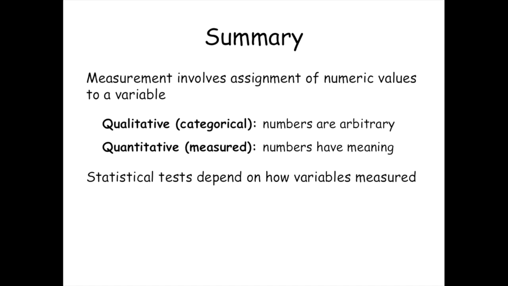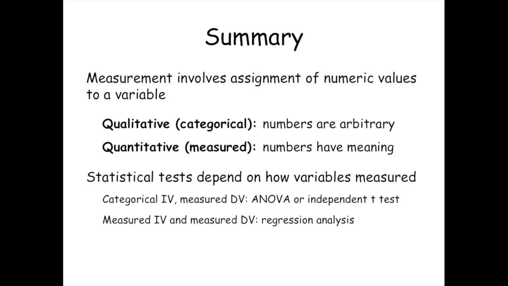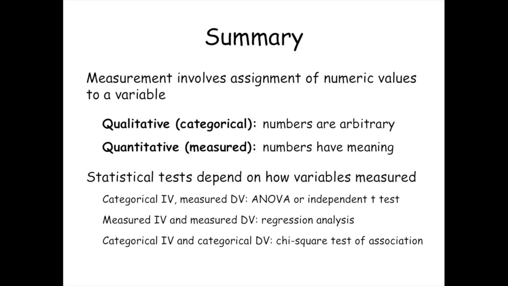Measurement is important in research because the way in which variables are measured determines in large part which statistical test is appropriate. When the independent variable is categorical and the dependent variable is measured, the appropriate test is either ANOVA or the independent t-test. When both variables are measured, regression analysis is used. And when both variables are categorical, the appropriate procedure is the chi-square test of association.